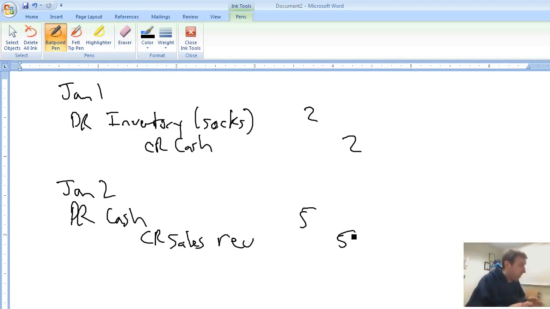Now that's all well and good, except we haven't tracked something very important. When any retail company makes a sale to its customer, not only do they have to record the fact that cash came into the till, we sold something to our customer, and we've got sales revenue, we've also got to record the fact that our customer walks out of the store with a bag full of our stuff.